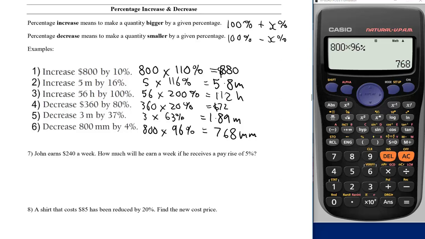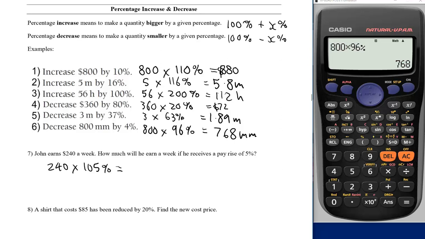Okay, last two examples. We're just going to read the question and work out what our calculation is going to be. John earns $240 a week. How much will he earn a week if he receives a pay rise of 5%? So it's going to be an increase because it's a pay rise. It's just going to be 240 times 100 plus 5, which is 105%.